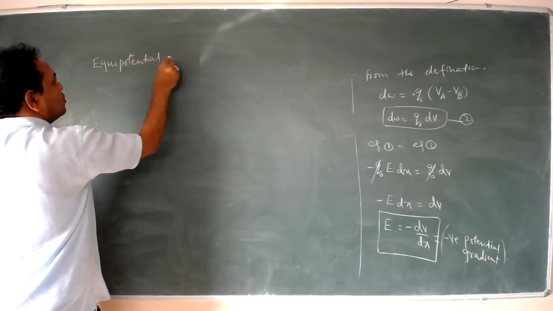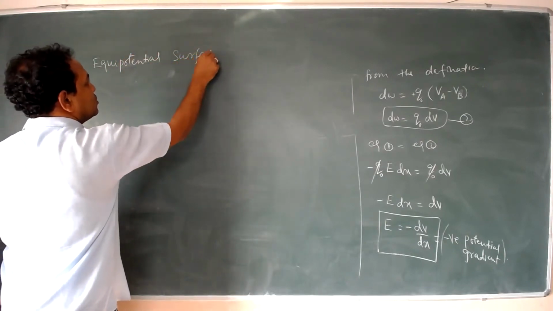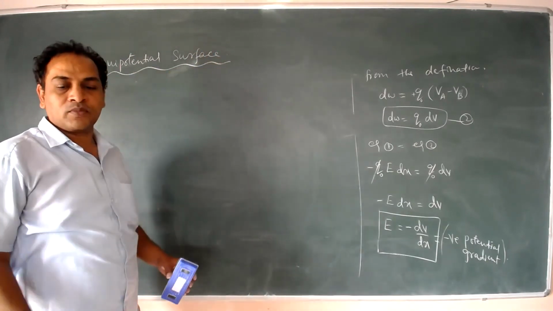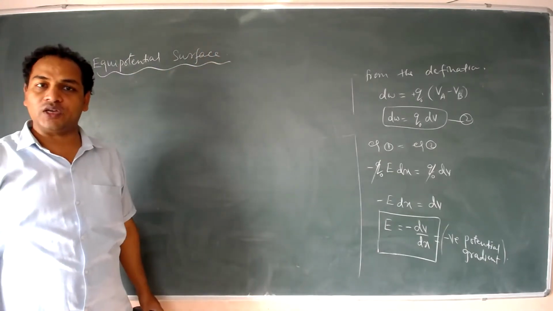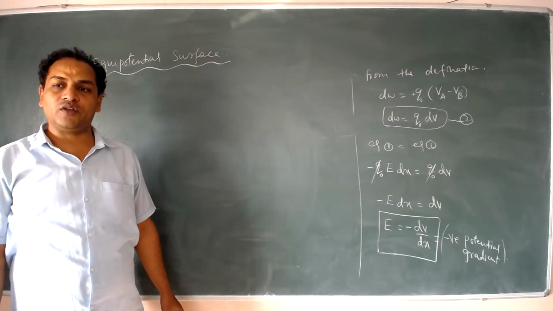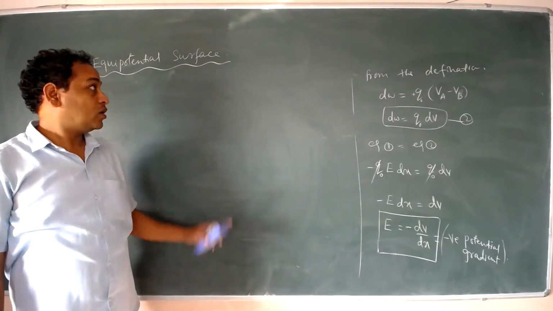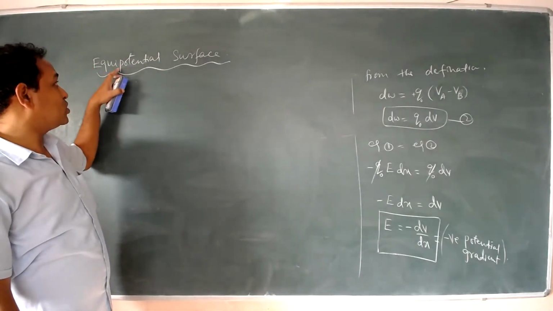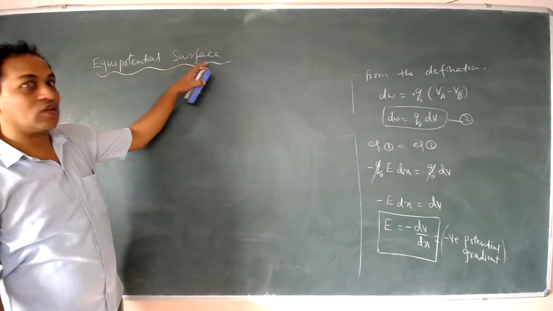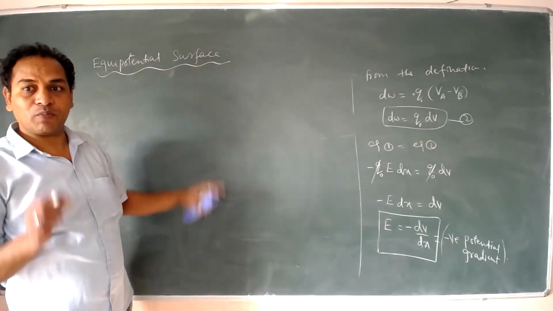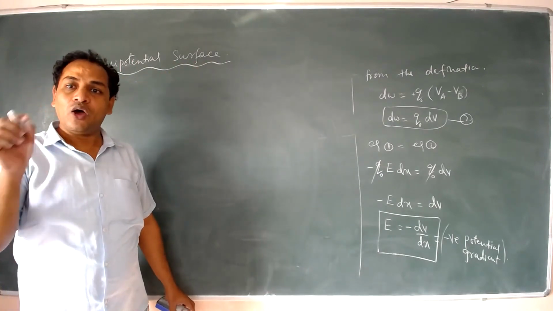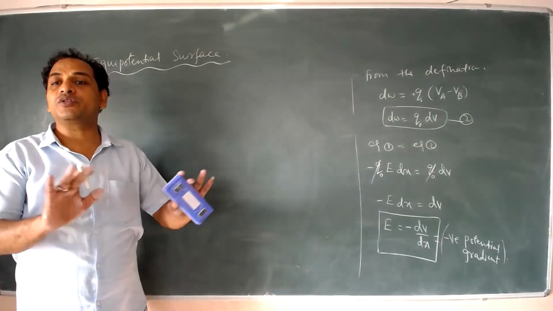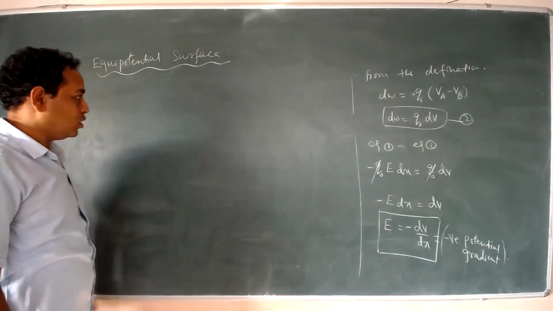Within the name itself, equipotential means the potential is equal on the surface. That means if the potential is equal on a given surface, then such a surface we can say is an equipotential surface. So let us see.